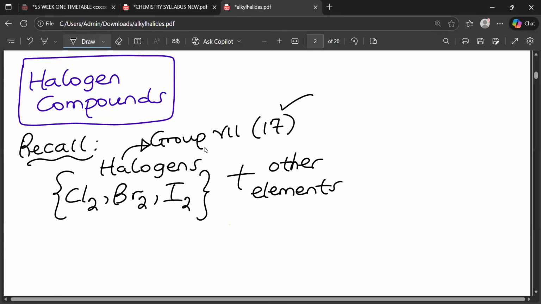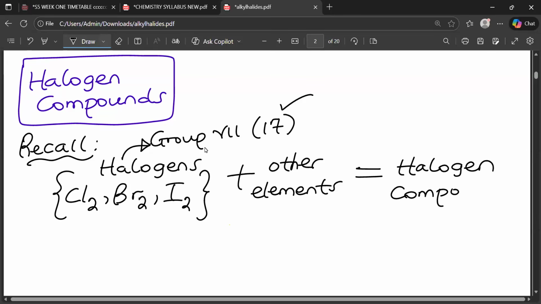Then for compounds, things are combining chemically. So you're forming a chemical substance, but the other ones are physically combined. So when they combine with other elements, what you get is what they call a halogen compound.